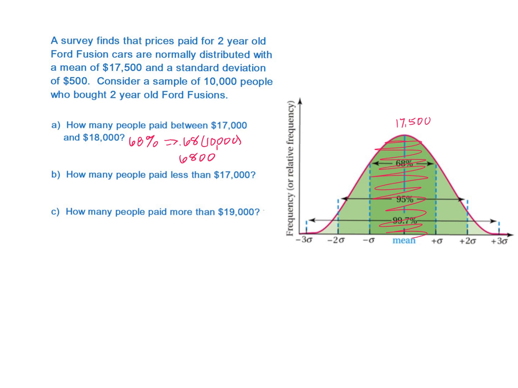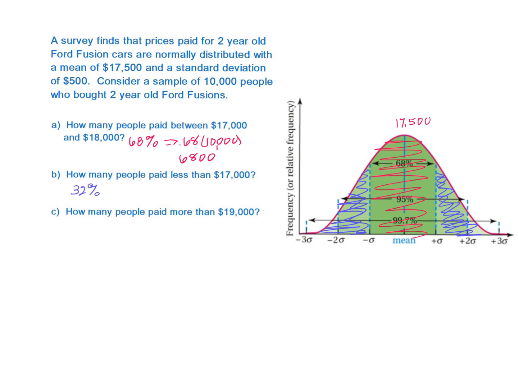So now what we want, I'll shade it in blue here, less than 17,000, that's going to be 2 standard deviations. So we want this side of the curve. But what we'll do is we'll find all of it, anybody that's outside of 2 standard deviations or more away, and that would be 100 minus 68, which hopefully you remember is your 32%.